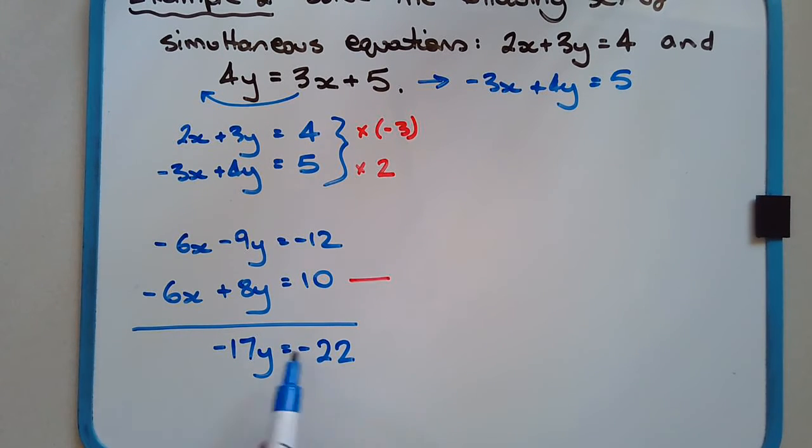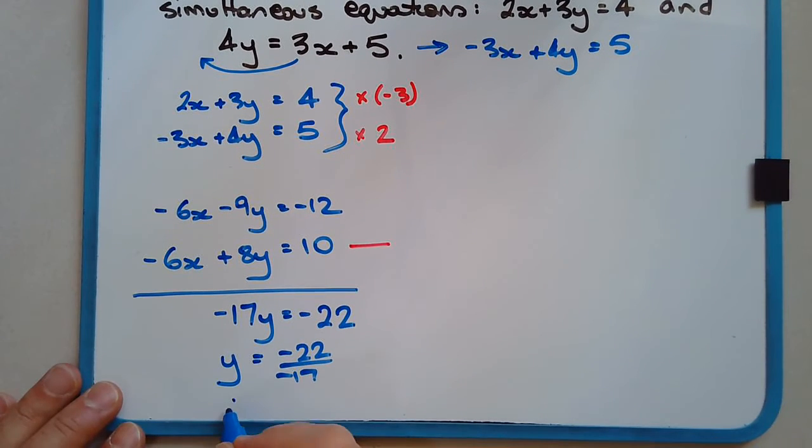We now have a single equation with one type of pronumeral, so one letter there. So we have the y, so y is equal to negative 22 over negative 17. The negatives eliminate there, so therefore y is equal to 22 over 17.